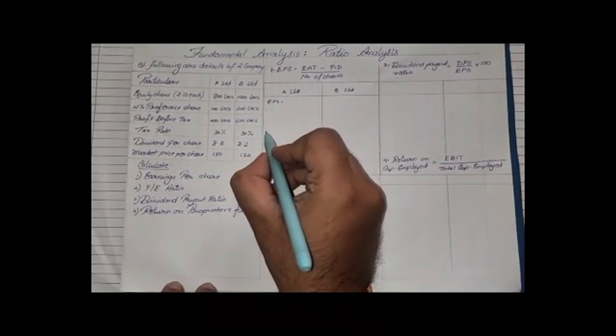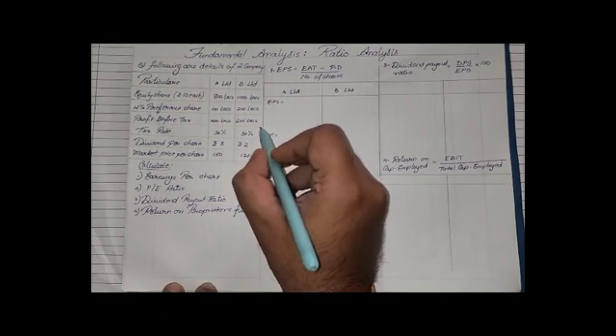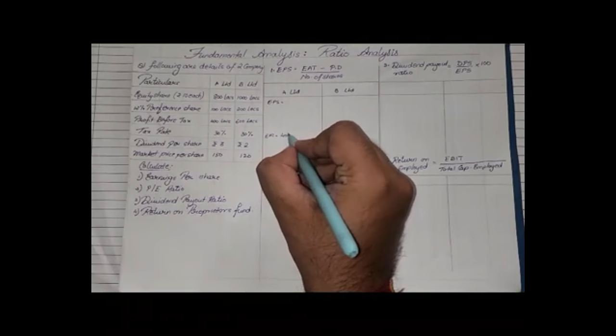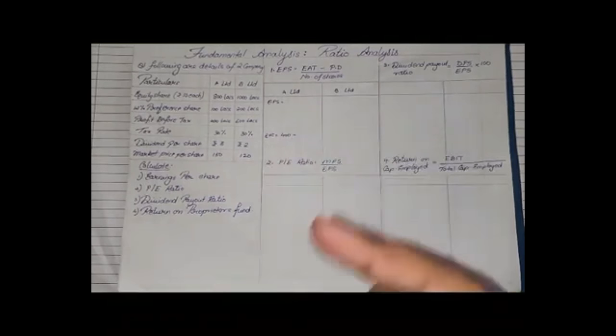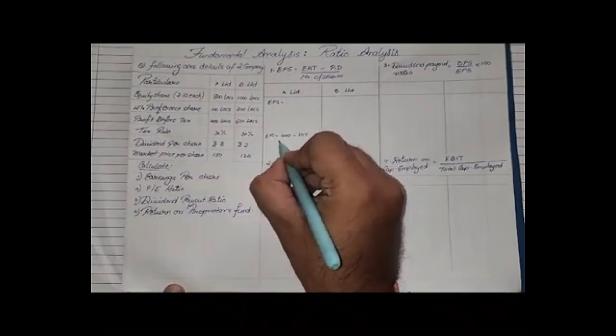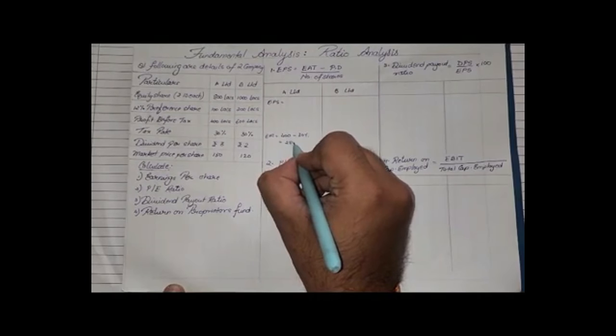So in order to find EAT, it will be earning before tax, which was 400 lakhs, less the tax rate, so less 30%. So 400 minus 30%, we will get the value as 280.